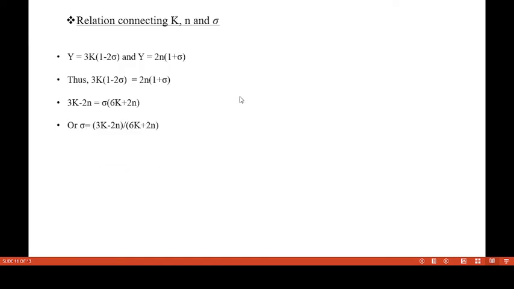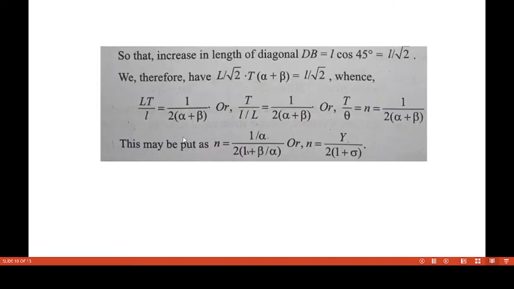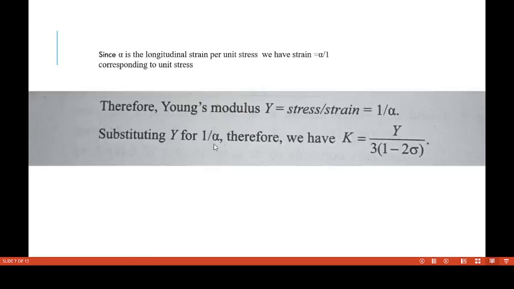Now we will see the relation connecting bulk modulus, rigidity modulus and Poisson's ratio. From the previous calculations, we know Young's modulus Y equals 3K into 1 minus 2 sigma.